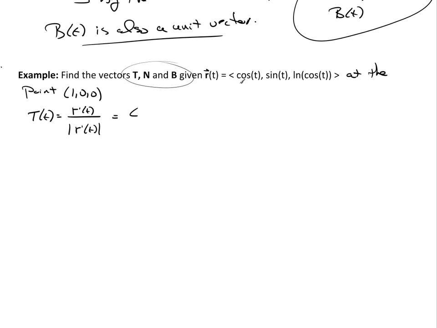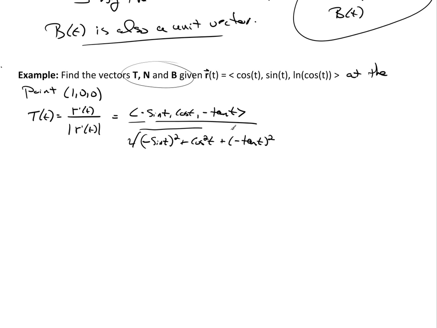That's going to be the vector negative sine t, cosine t, negative tangent t, divided by the magnitude. Oops, I wrote cosine, that's sine. The derivative of cosine is negative sine. So this is the square root of negative sine t squared plus cosine squared t plus negative tangent t squared.